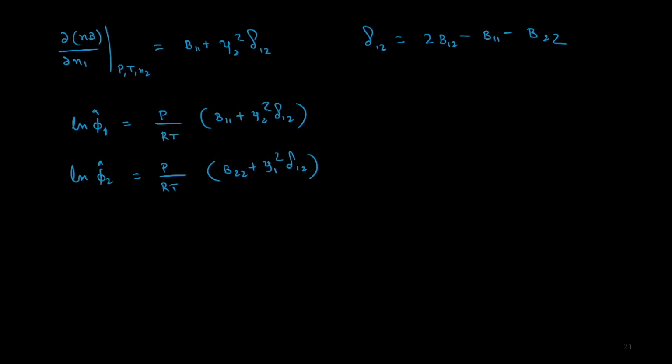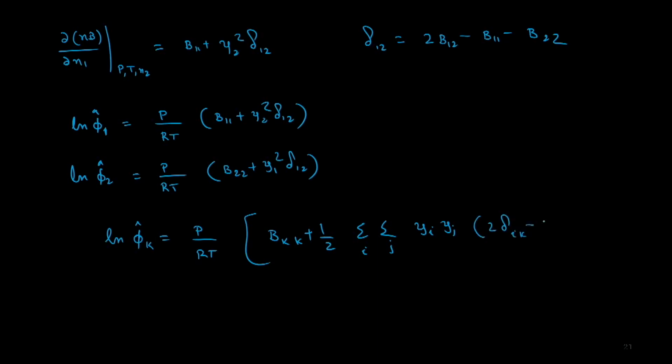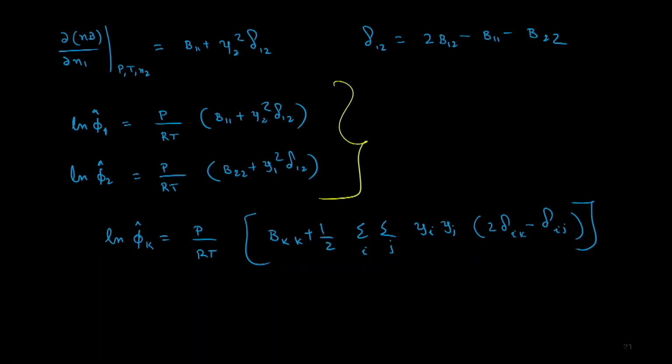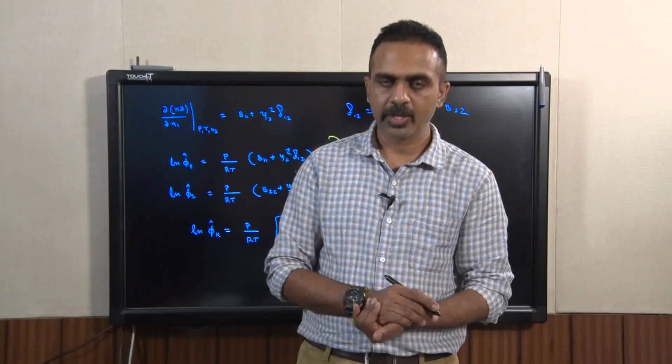In general, for a multi-component mixture, ln phi k hat is written as P over RT times bkk plus half double sum over i, j of yi yj times 2 delta ik minus delta ij. This is a general expression for a multi-component mixture, but for our discussion here, it suffices to say that these expressions for binary mixtures should be sufficient.